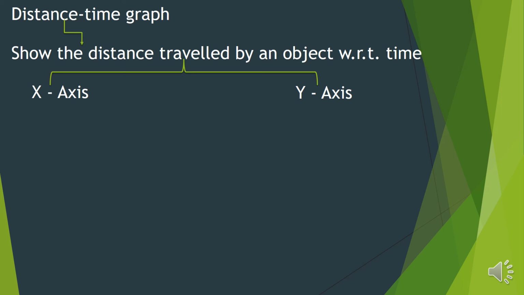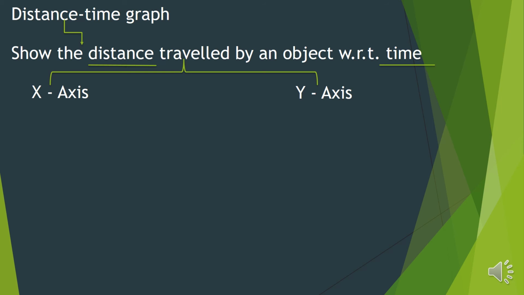Now जो X axis है और जो Y axis है, we have what? Distance. और क्या है हमारे पास? Time. दो axis हैं, X and Y. Now distance और time में से कौन सी dependent quantity है और कौन सी independent? Time is independent.